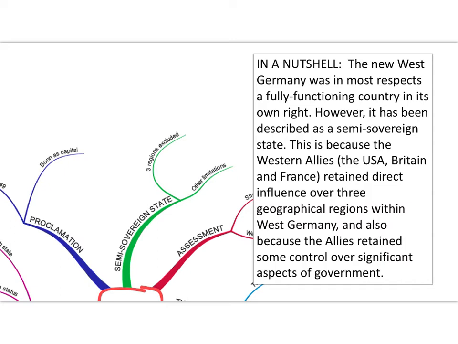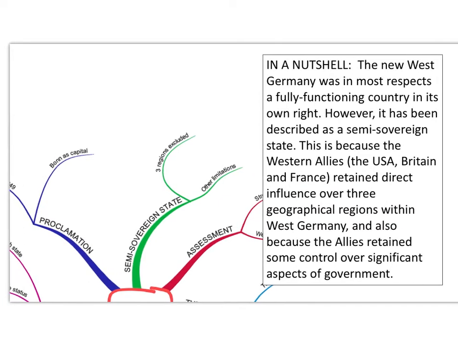However, it has been described, and you need to use this term when you're writing about this in the exam, not as a fully sovereign country, but as a semi-sovereign country.